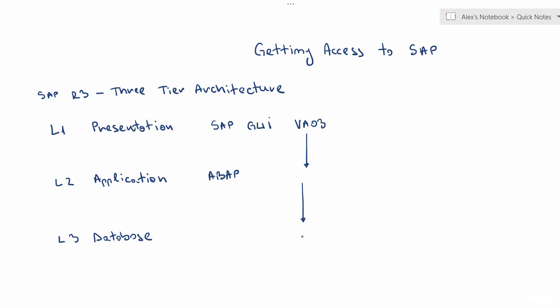After the information from the database is found and read, it comes back to the application layer, and the same ABAP program will show you in VA03 all the details of the sales order. So this is how the SAP architecture works.